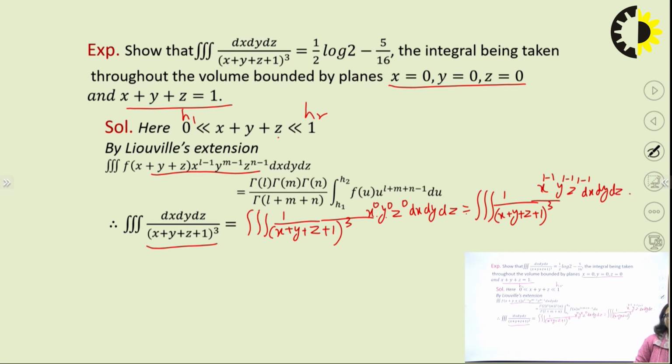So we are getting the values L, M, N, each equal to 1, and the function is 3-dimensional, 1 by x plus y plus z plus 1 whole cube. Clear? Now applying the right-hand side, we are getting h1, h2, and L, M, N. We already know the function f of u which is given to us. So by applying the extension, you have to name it here as Liouville's extension.